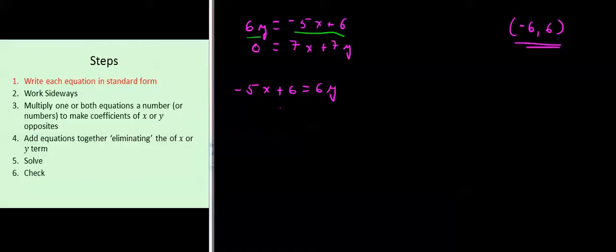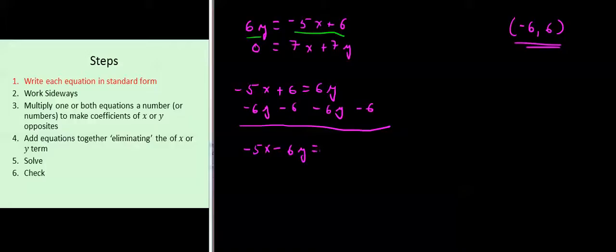Actually, I don't think I'm doing this the fastest way. Minus 6y, minus 6y, minus 6, minus 6. And I end up with negative 5x minus 6y equals negative 6. It would have been faster to just add 5x to both sides.